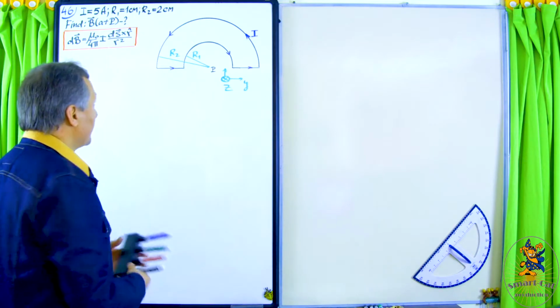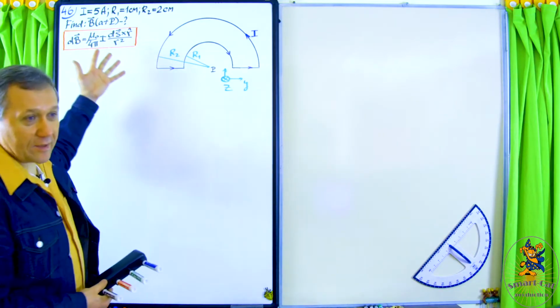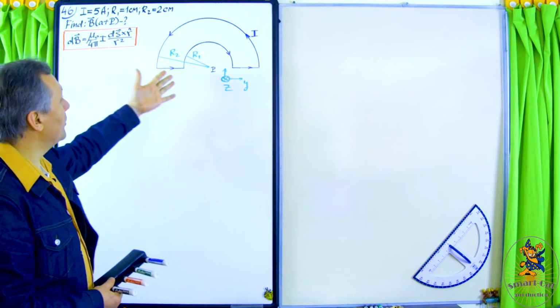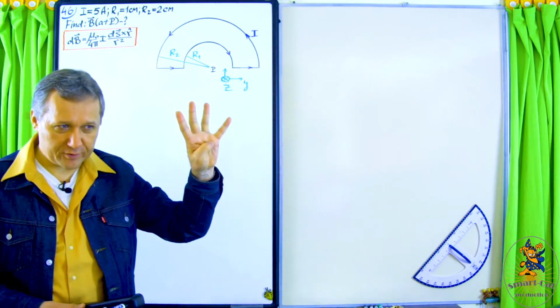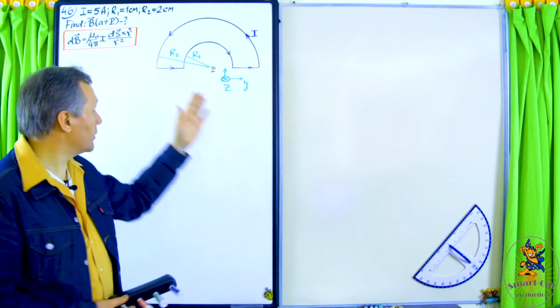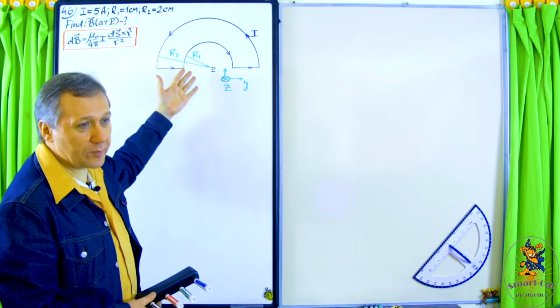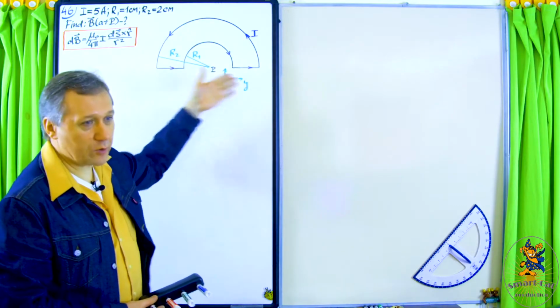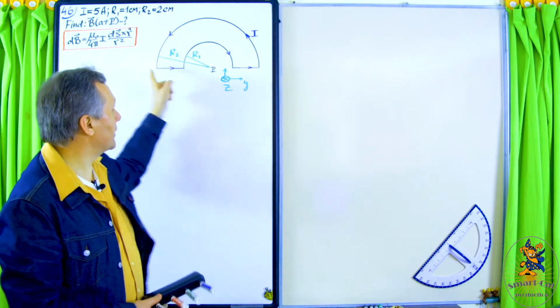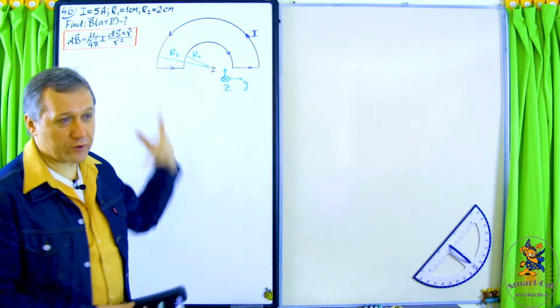Okay, and after this, as I said, we will have to integrate. Obviously we'll have to split this loop into 4 sections, because it will be reasonably easy to integrate that way: a semicircle, then a semicircle, and then along this straight piece of wire and this straight piece of wire.